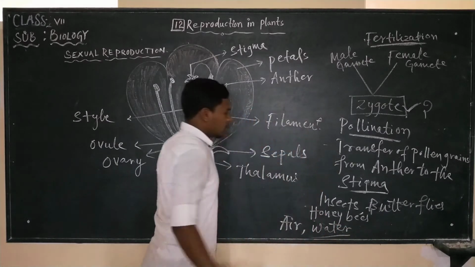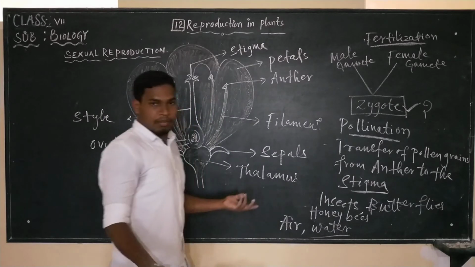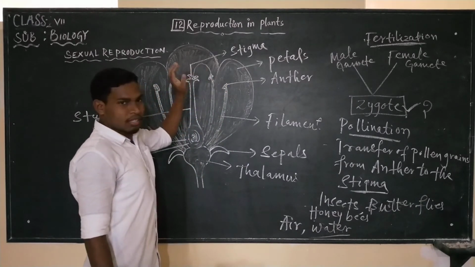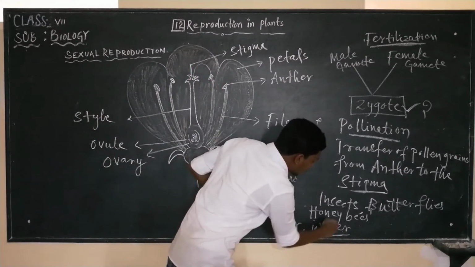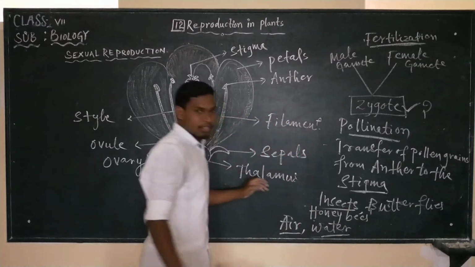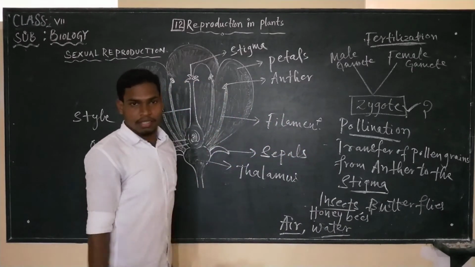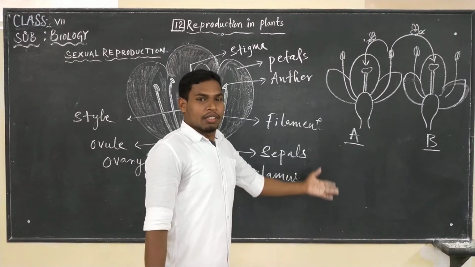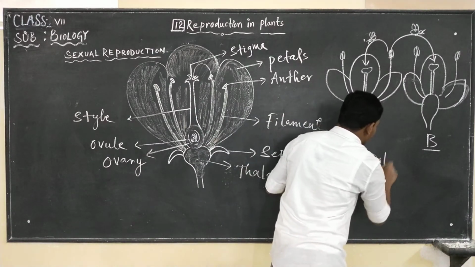Pollination simply means the transfer of pollen grains from anther to stigma, whether it is through air or water or by the help of insects.